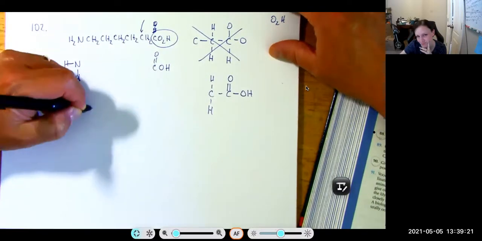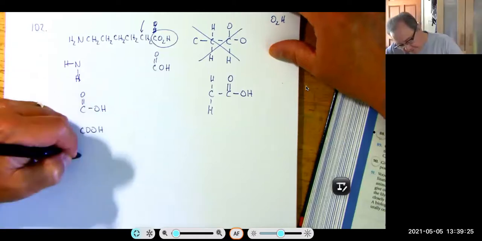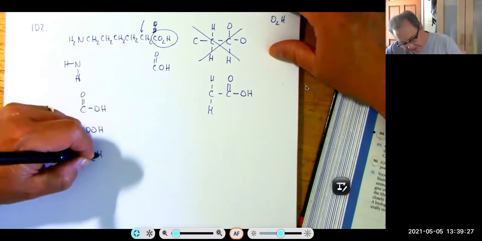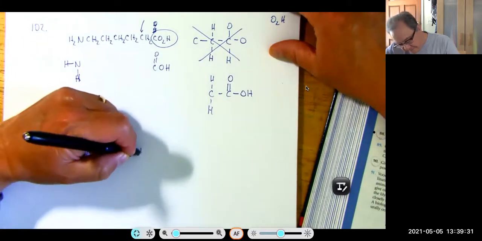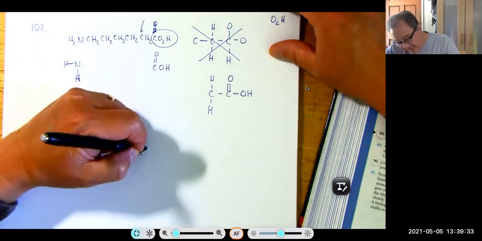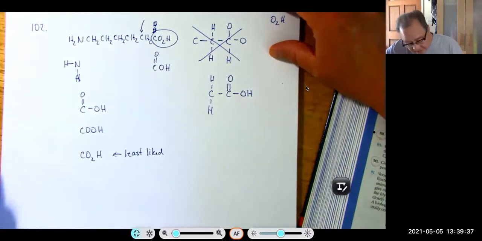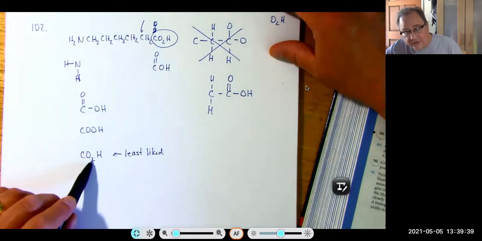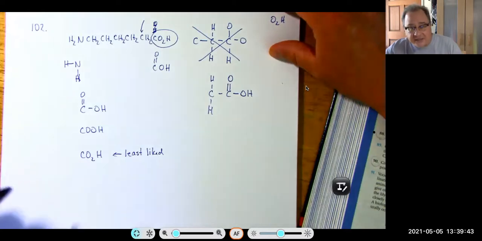There's this way. There's this way. There's this way. This is my least favorite. It's not even a favorite. This is my least liked one. And the reason I don't like this is because you see the O2? That makes you think that the oxygens are kind of the same, right?